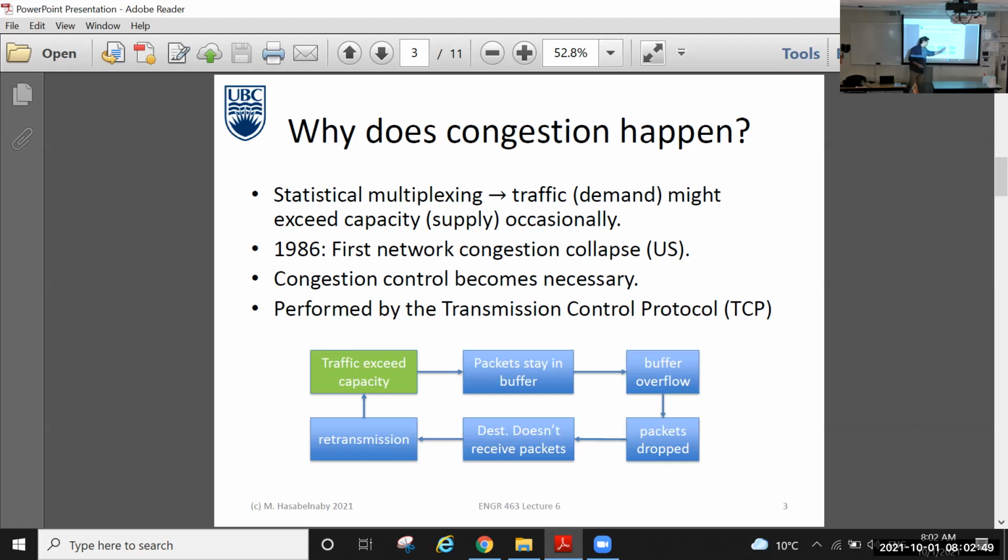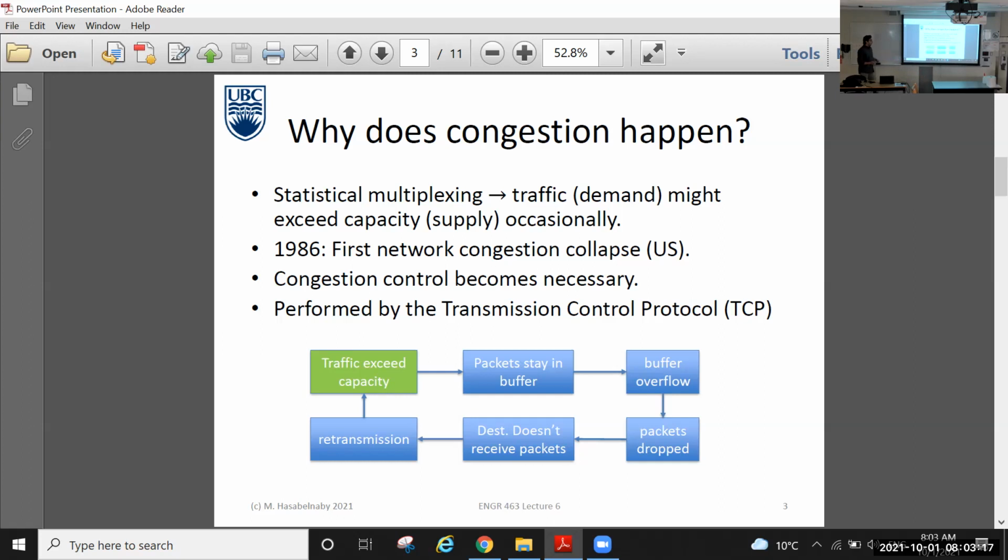And if we drop some packets, this means that these packets will not be delivered to the destination. So the destination will send retransmission request to the sender, and the sender will resend these packets again. So this is the process, what happens if congestion occurs in our network.